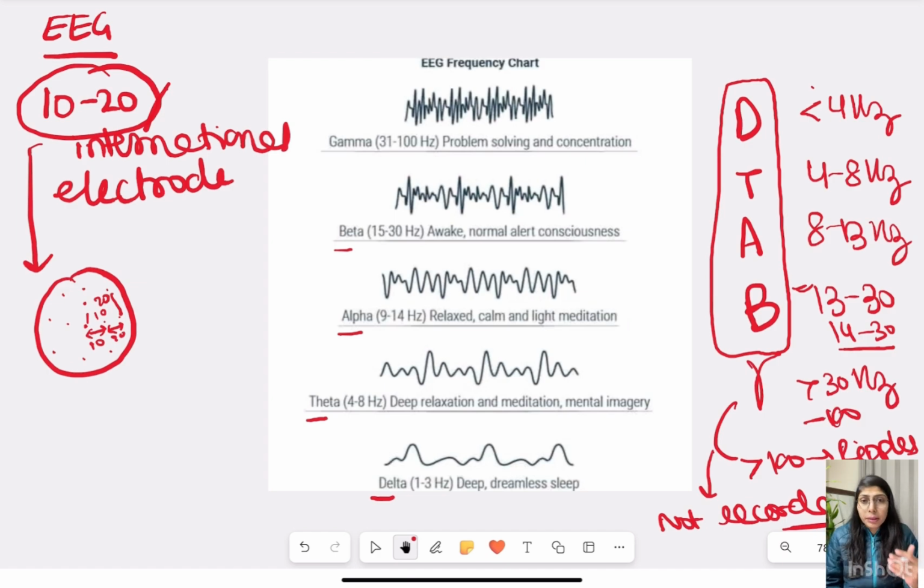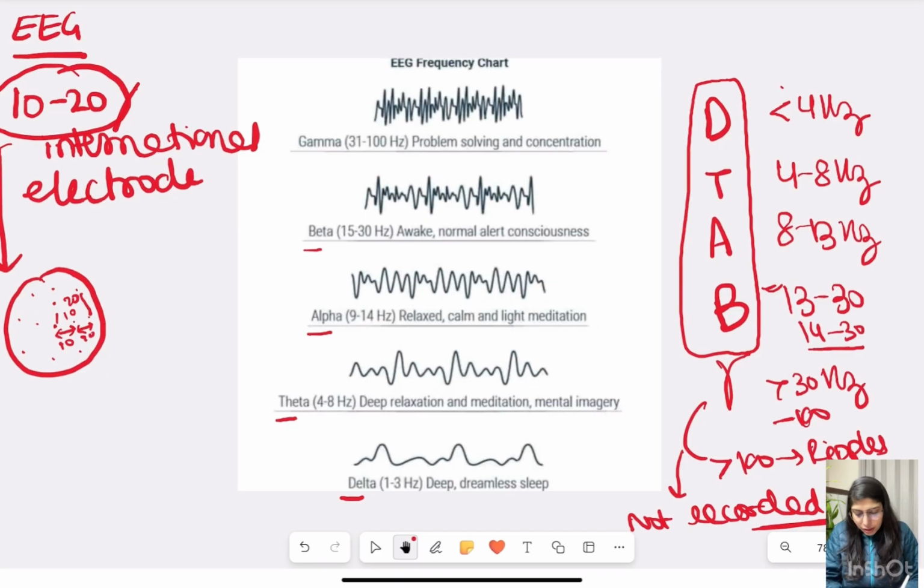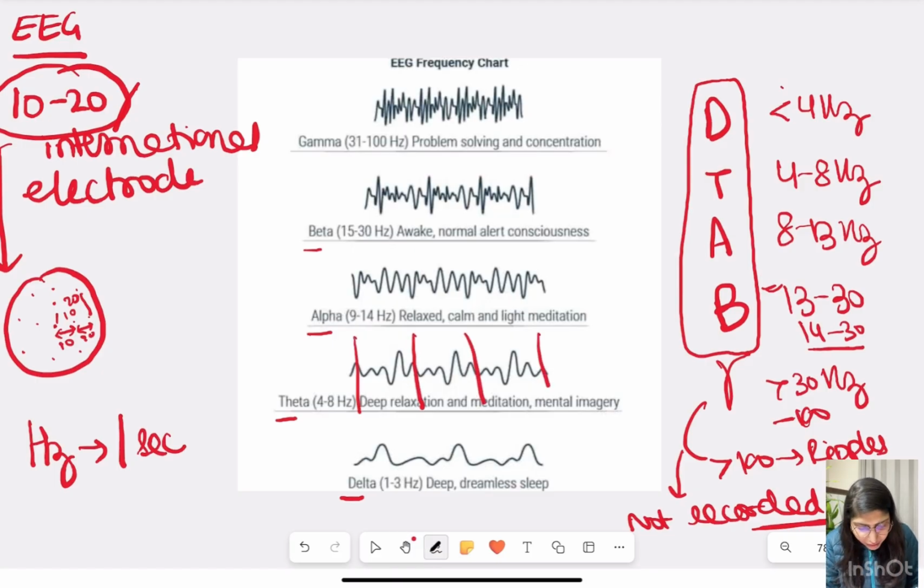Now, what do we mean by Hertz? I think we have all read our physics: Hertz means per second. So if this is the graph, and this is 1 second, how many waveforms are there in 1 second? 1, 2, 3, 4 and a half.